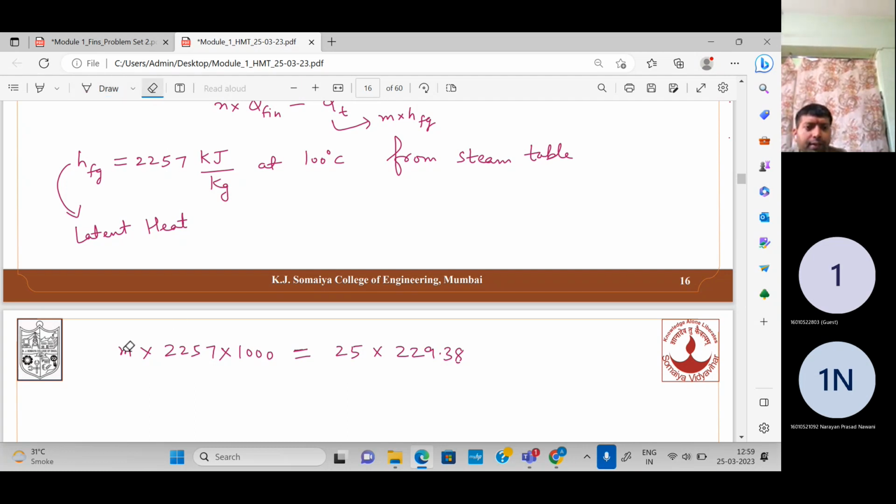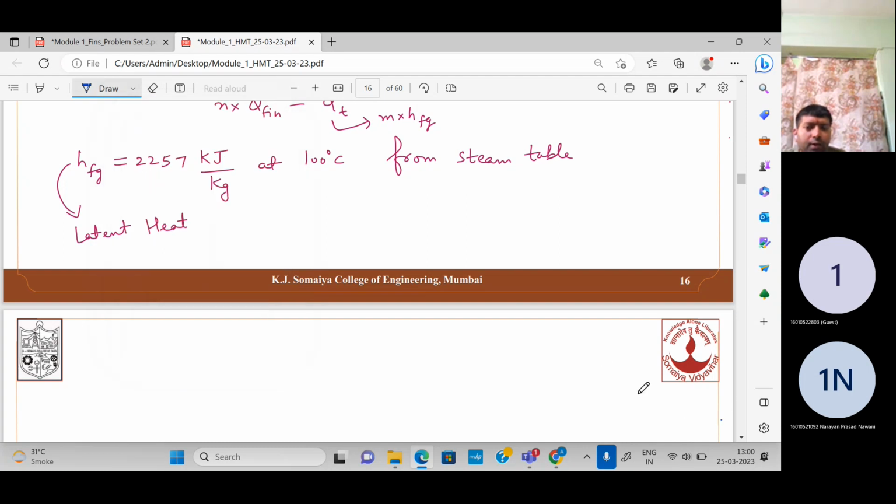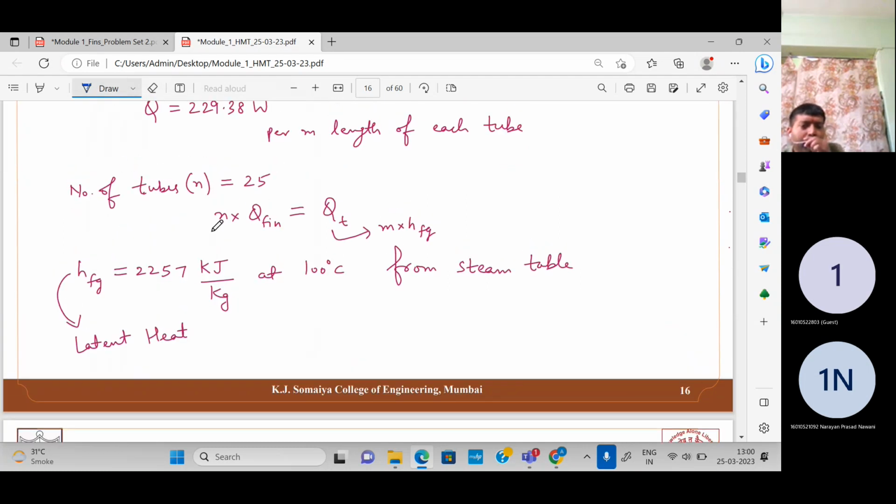Let me write it again, better. Total heat is equal to number of fins multiplied by the heat dissipation from a single fin, and this total heat is equal to the mass of steam condensed into the latent heat.